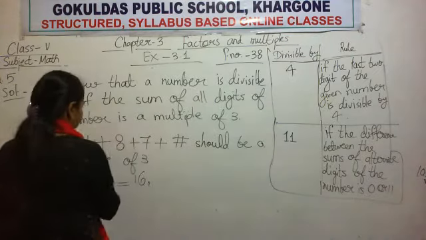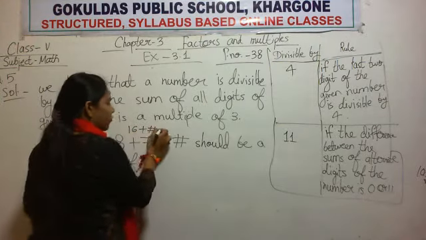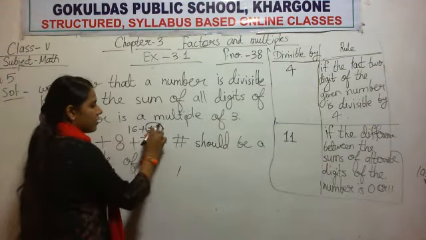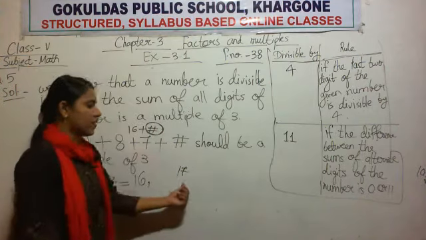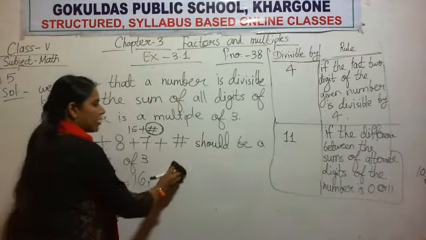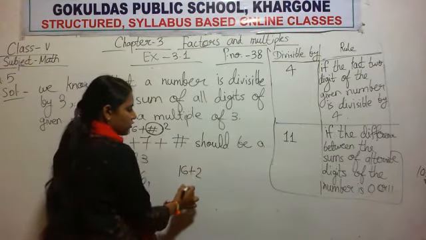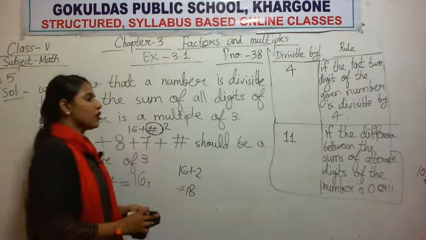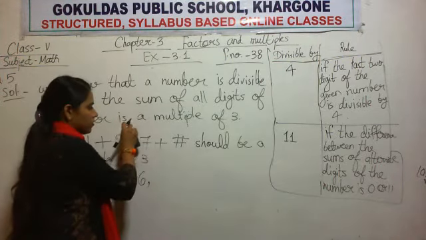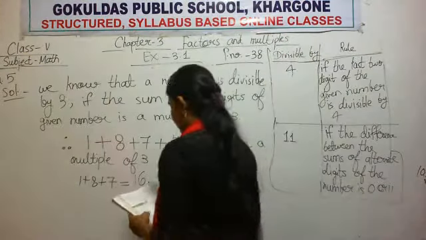So 1 plus 8 plus 7 is 16, 16 plus hashtag. What number should we choose to replace this hashtag? If I put 1 here, 16 plus 1 becomes 17. 17 is also not divisible by 3. Then I cannot choose 1 here. If I take 2 at the place of hashtag, 16 plus 2 is 18, and 18 is a multiple of 3. So yes, at the place of hashtag you can choose 2.